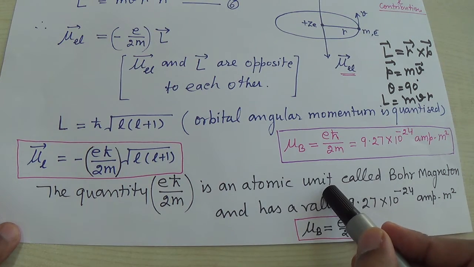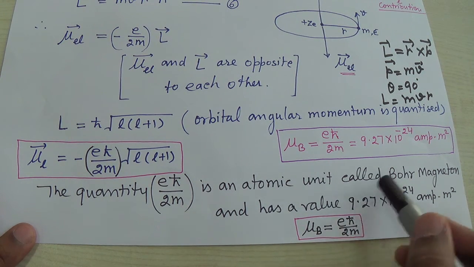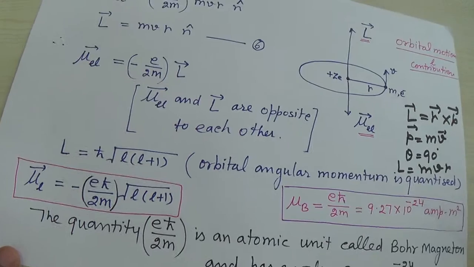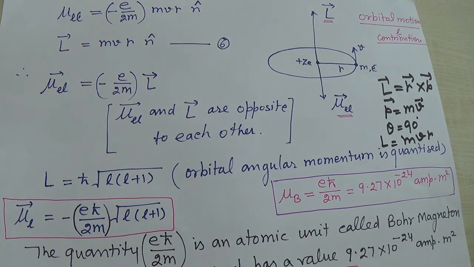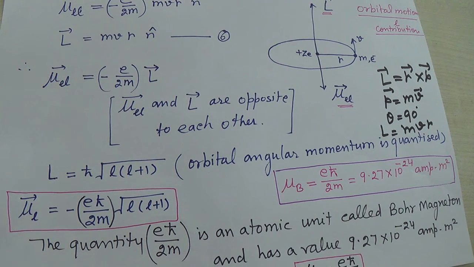This is an atomic unit and is known as the Bohr magneton. So it came into the atomic dipole moment.